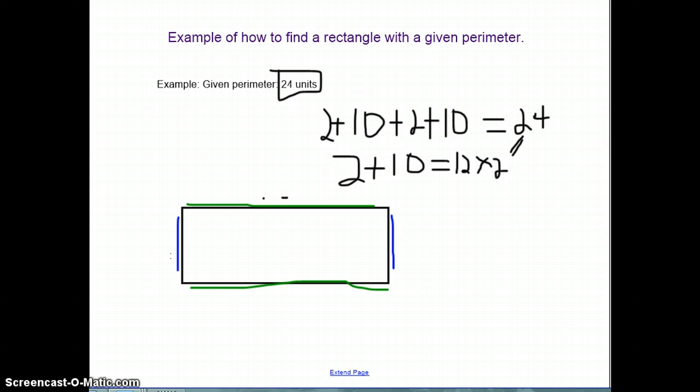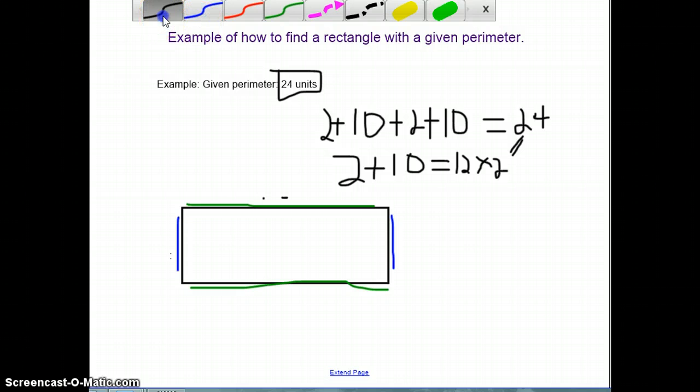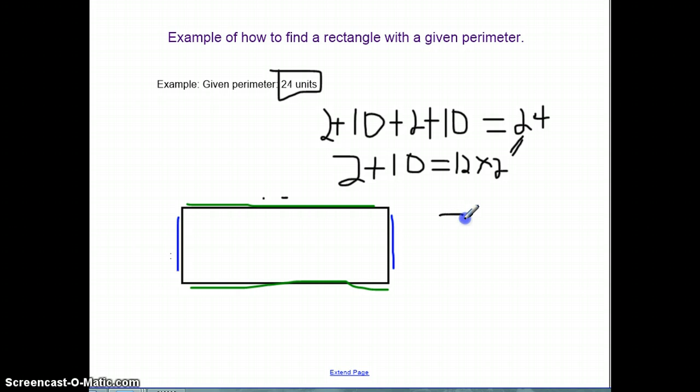What I would do in order to solve for this is I would say, okay, 24 is the perimeter. Then I would divide it by 2 to find this number here. Why would I divide it by 2?